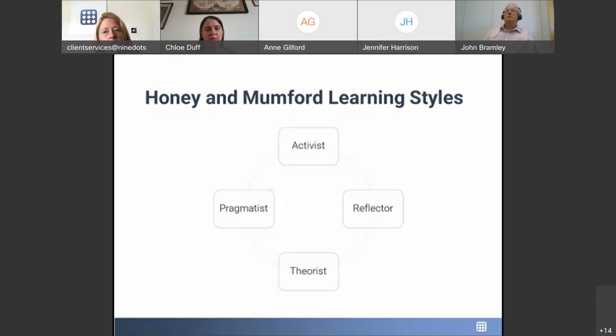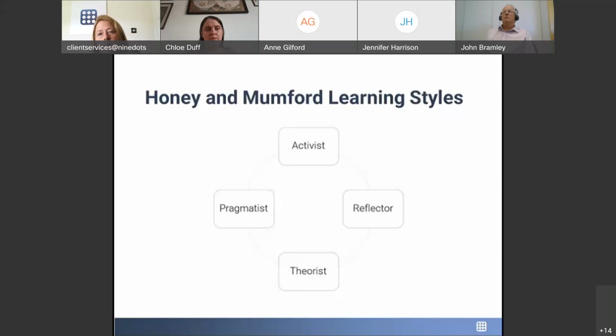As I said, the activists are happy to jump in and just do it. They enjoy the challenges. Sometimes they act before they think, because they just want to get on and do it. They like things like competitions, role play, puzzles and brainstorming. They don't particularly like the reading, the theory and the analysing side of it.